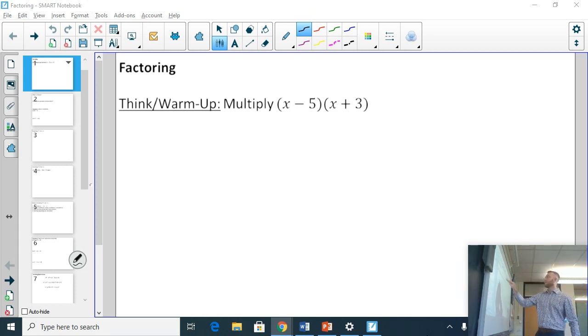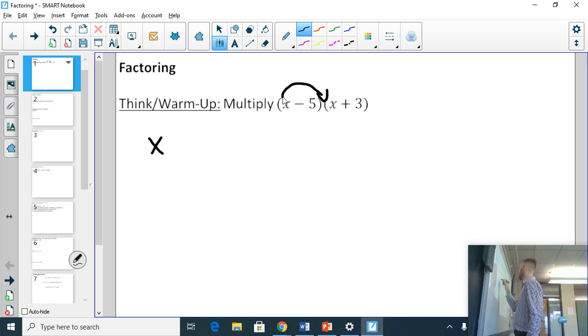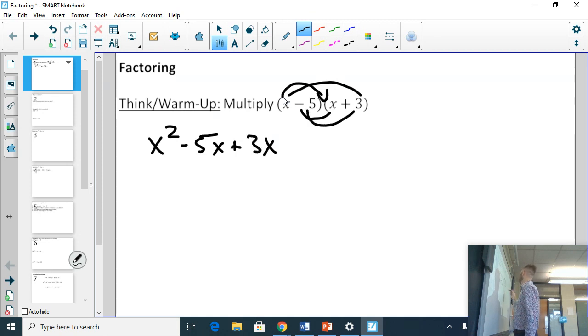So for a think slash warm up, I have multiply x minus 5 times x plus 3. You just multiply everything together. So x times x is going to get us x squared. Minus 5 times x is going to get us minus 5x. X times positive 3 is going to be plus 3x, and minus 5 times positive 3 is minus 15.